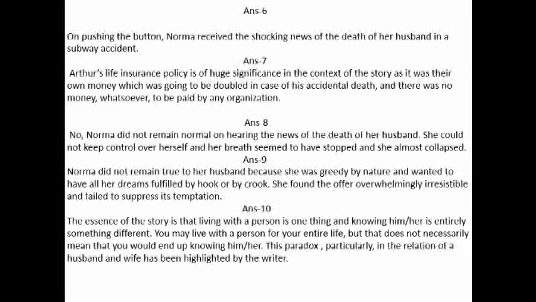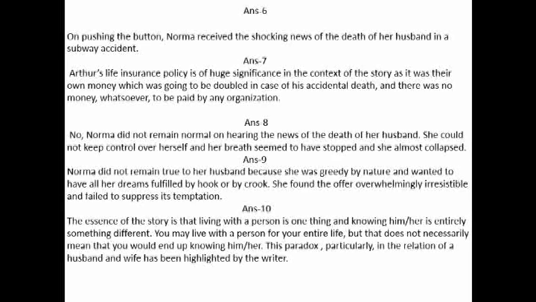Well, question number 10 is about the essence of the story or the theme of the story, or we can say, what is the author's opinion about this story. Well, the essence of the story is that living with a person is one thing and knowing him or her is entirely something different.